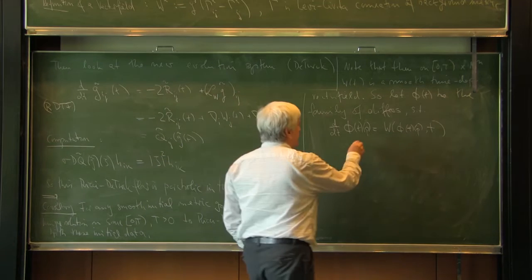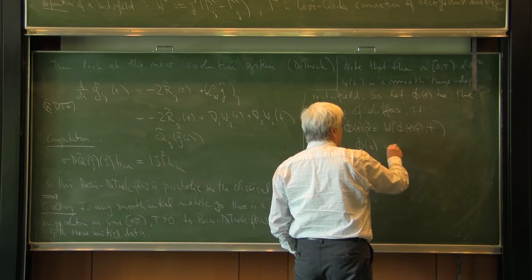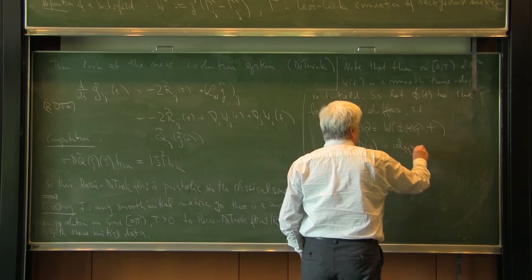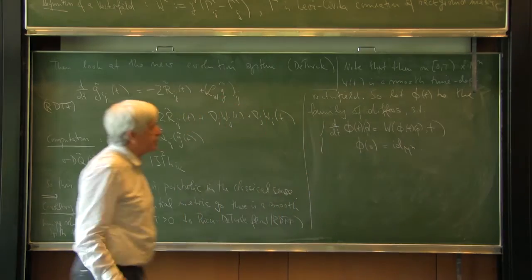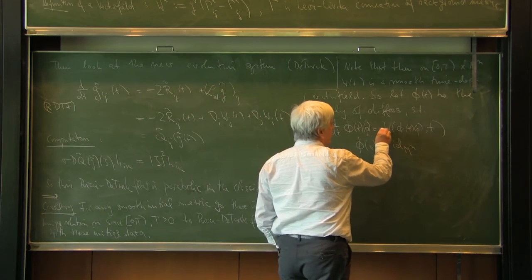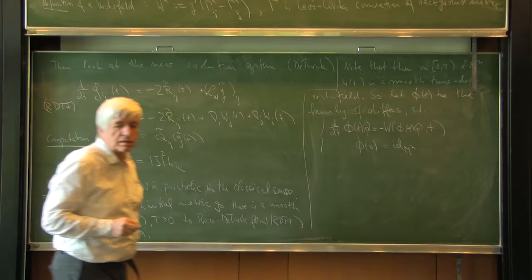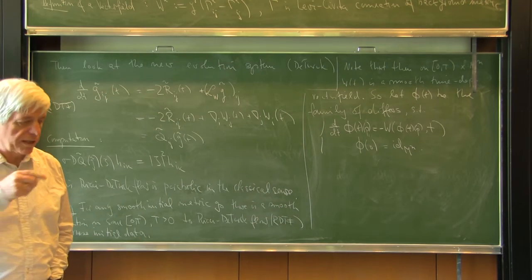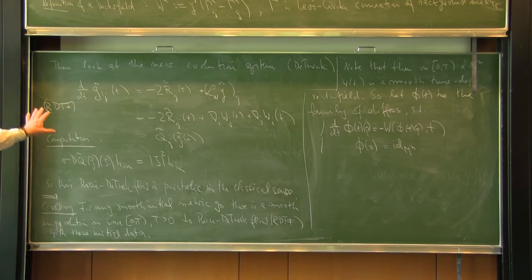With initial data to be the identity. And we take a minus sign because we want to reverse now what we have done in changing the Ricci flow.